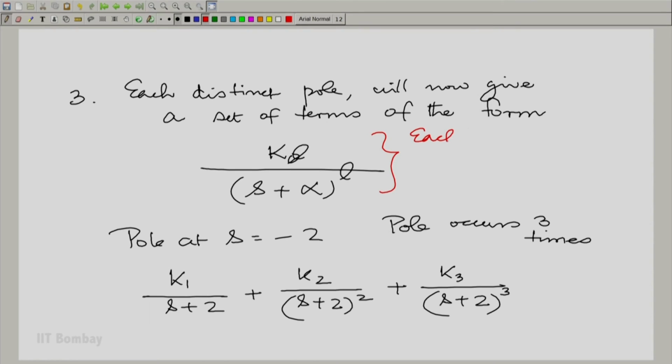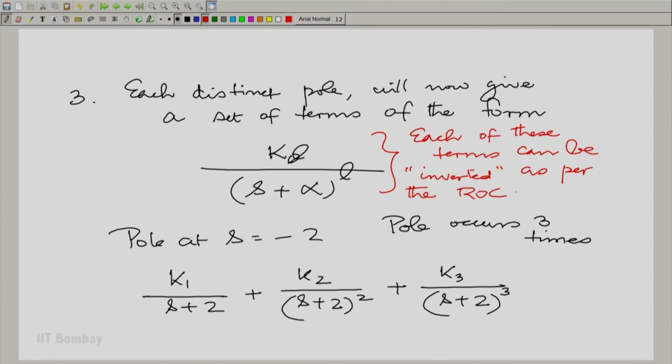Now, each of these terms can be inverted as per the region of convergence. What I mean by that is, look at whether the region of convergence is to the right of that pole or to the left of that pole. If it is to the right of the pole, give it the corresponding right sided time domain signal.